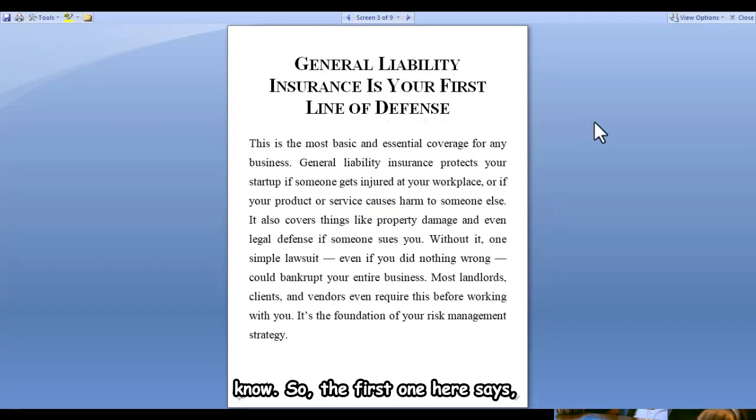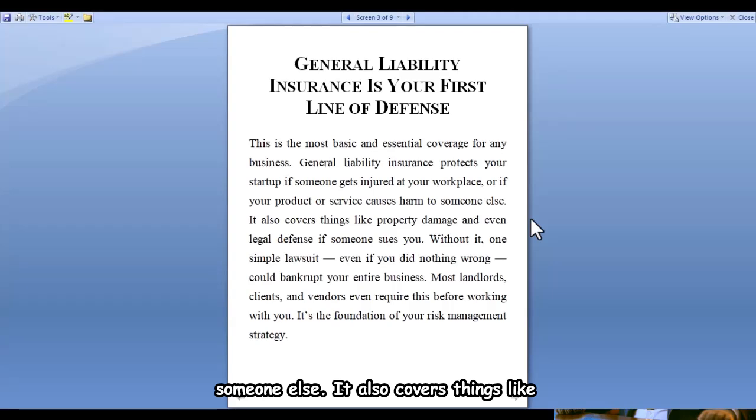So the first one here says general liability insurance is your first line of defense. This is the most basic and essential coverage for any business. General liability insurance protects your startup if someone gets injured at your workplace, or if your product or service causes harm to someone else.